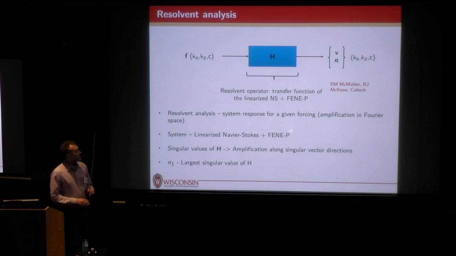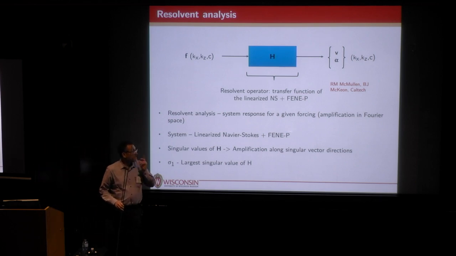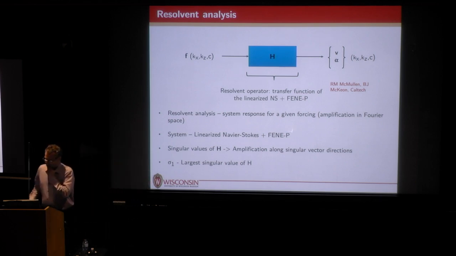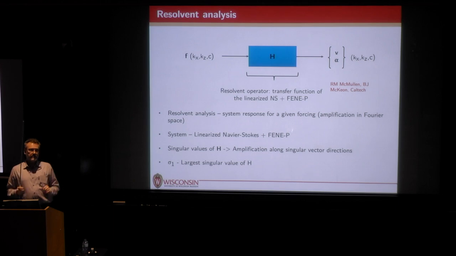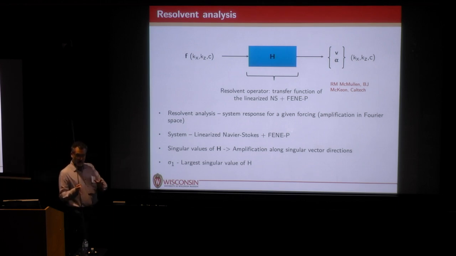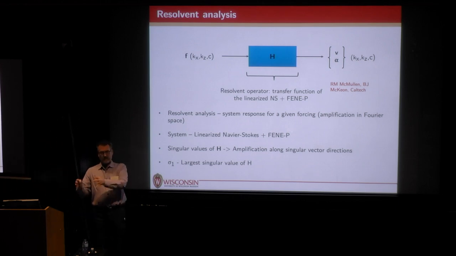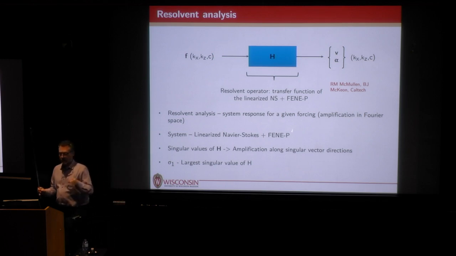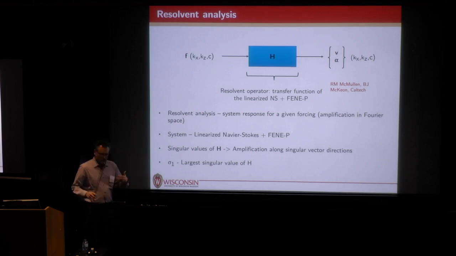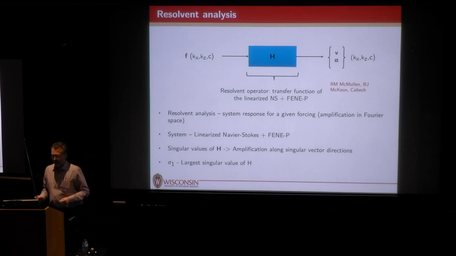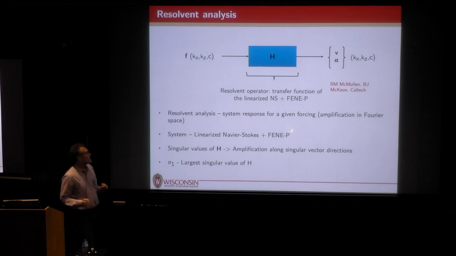You could look at the problem from a slightly different point of view, and again, this is from our collaborators, where you look at the response of the linearized Navier-Stokes plus FENE-P operator to external inputs. So that's the resolvent analysis. One way to think about it is it's just writing down the transfer function for the linearized Navier-Stokes equations.